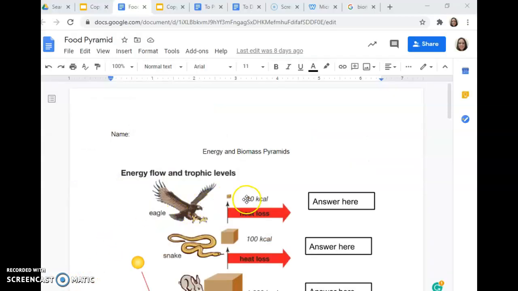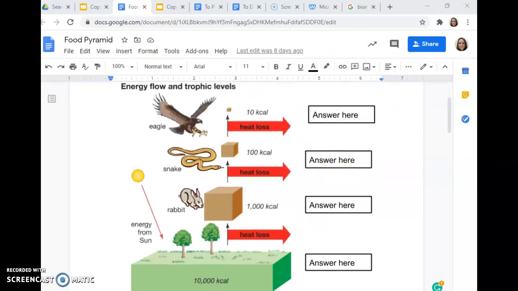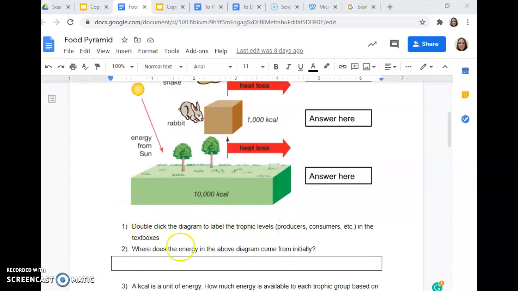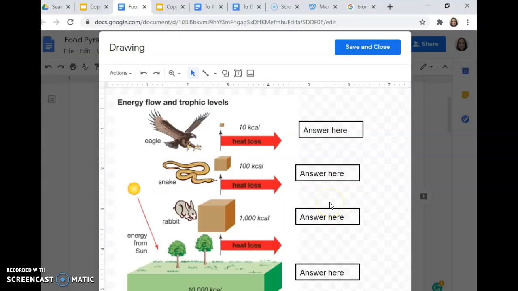So what you are going to be doing today is a few activities about the 10% rule. The first is this energy and biomass pyramid handout. You have an image here, and you're going to first label the diagram with the different trophic levels, so producer, primary consumer, secondary consumer, etc. To label them, you're going to double click on the image, and then type your answer in the text box.